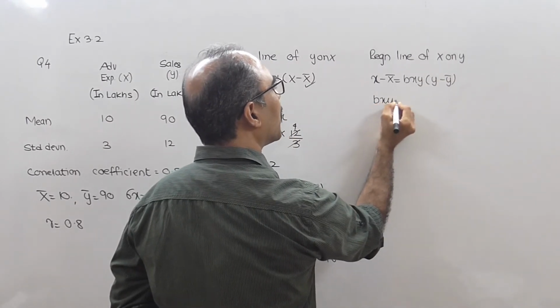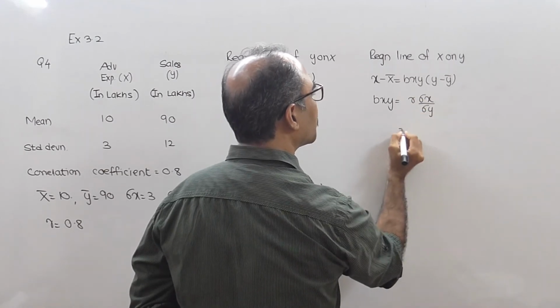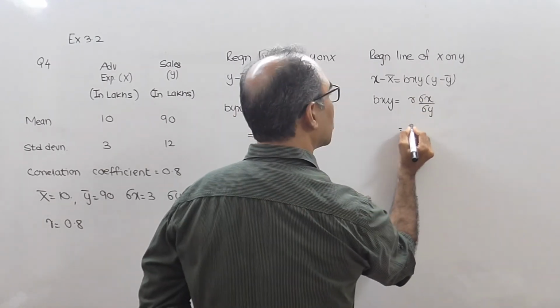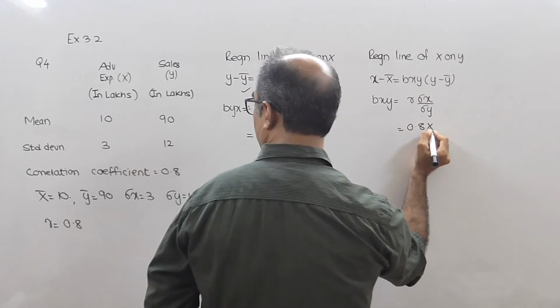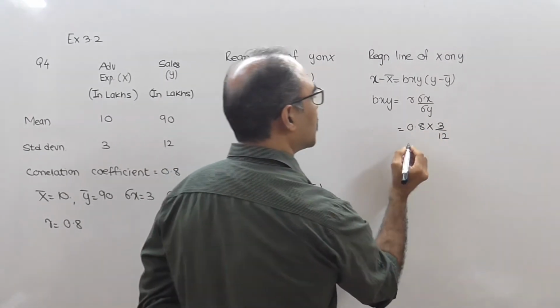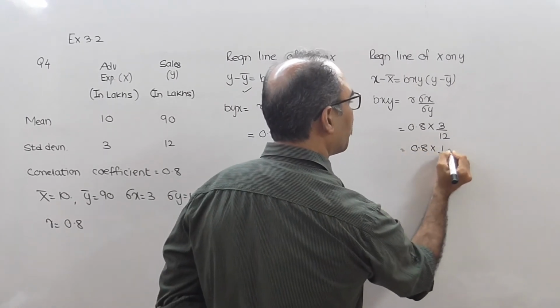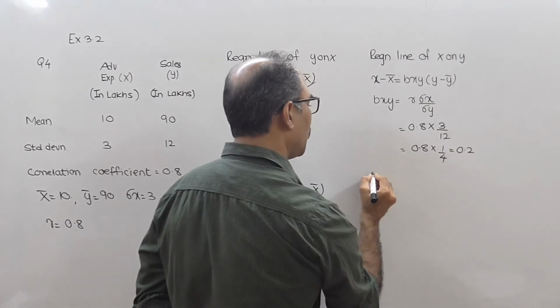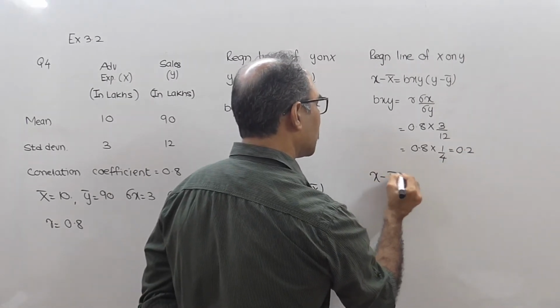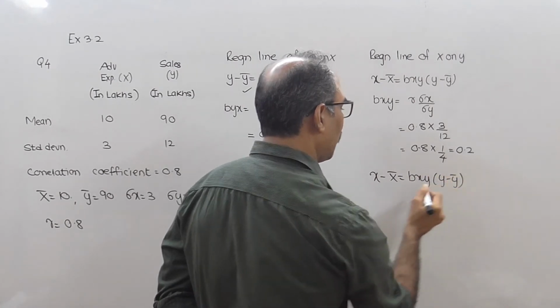We know x bar and y bar. b x on y equals r into standard deviation of x upon standard deviation of y. r is given as 0.8, standard deviation of x is 3 and standard deviation of y is 12. I get 0.8 into 1 by 4, the answer is 0.2.